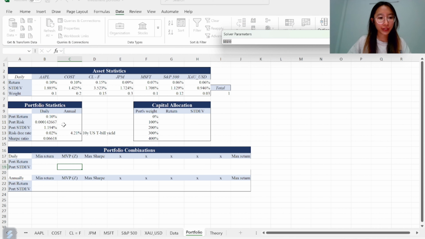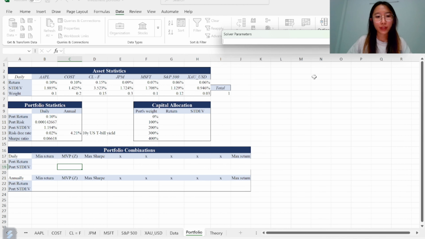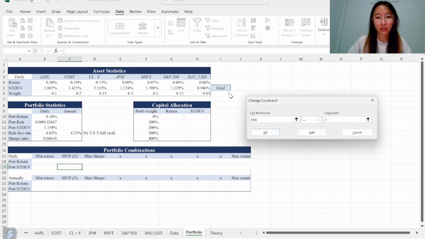Our objective here is for the portfolio standard deviation to be minimum, by changing the weight of each asset, and the only constraint is for the total of the weights to equal 1.